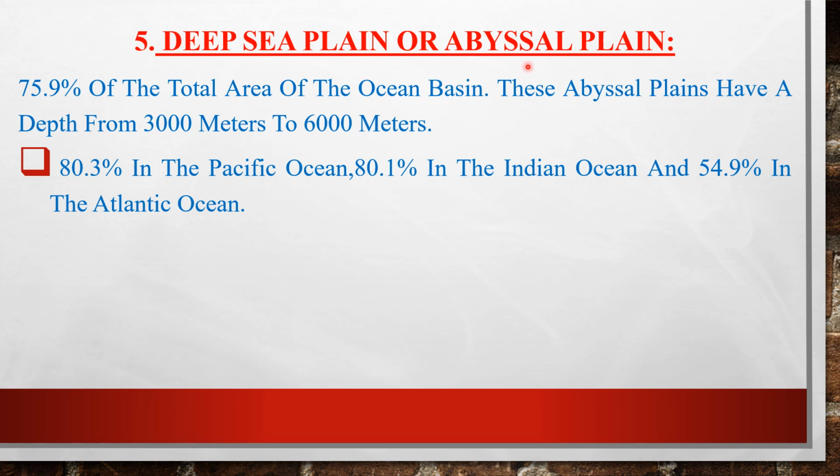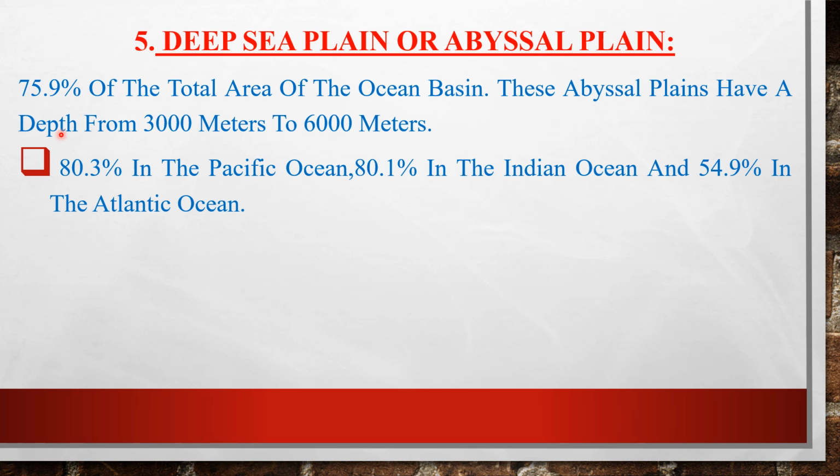Next, deep sea plain or abyssal plain. This is the largest part of the ocean basins. It belongs to 75.9% of the total area of the ocean basins. These abyssal plains have a depth of 3000 meter to 6000 meter.